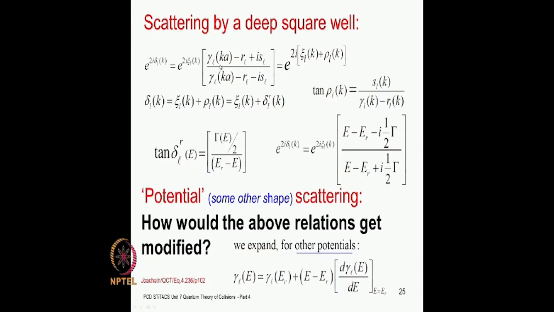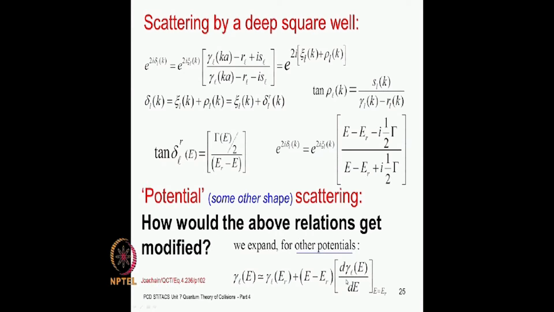And because gamma is changing wildly, for a potential which is other than the square well potential, you will not be able to use the same expression for gamma as you did for the square well potential, for which we had the exact solutions for the inner region and the outer region. For some arbitrary potential, we can hope to expand gamma about the resonance energy, and we carry out a power series expansion and consider only the first term.